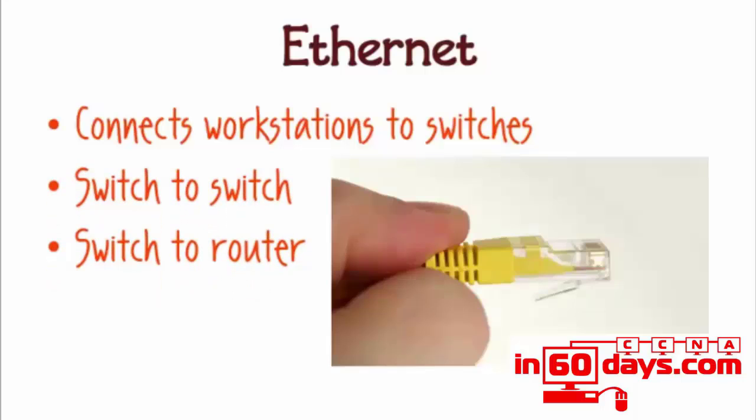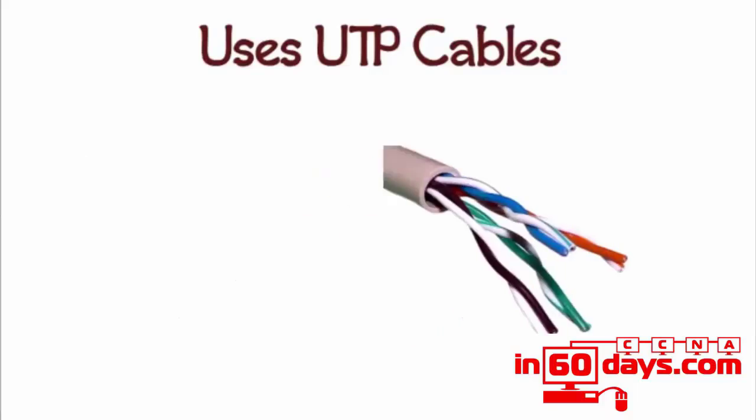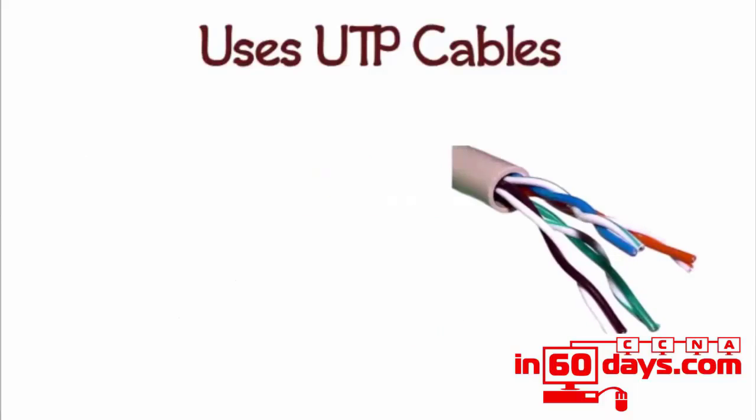Obviously we need to connect our switch to our router, and all our routers have at least one Ethernet port on them. And as I mentioned, the presentation on the end is the RJ45. It uses unshielded twisted pair, so there's 8 cables and each cable is twisted with another colour cable.